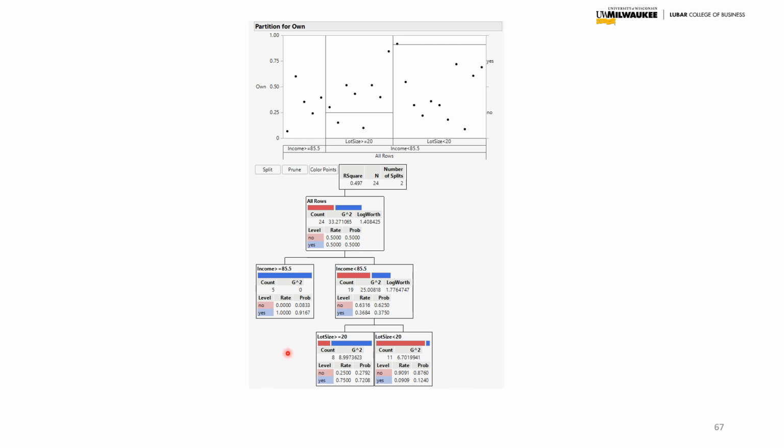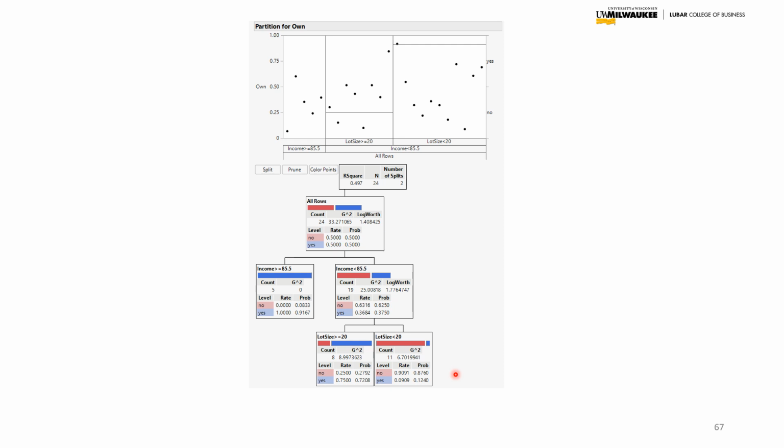For larger lots within this lower income region, the predicted probability of owning a riding mower has increased to 0.7208. This, of course, makes sense. Even though an individual has a lower income, if this individual has a large lot, there's more grass and thus more interest potentially to have a riding mower.